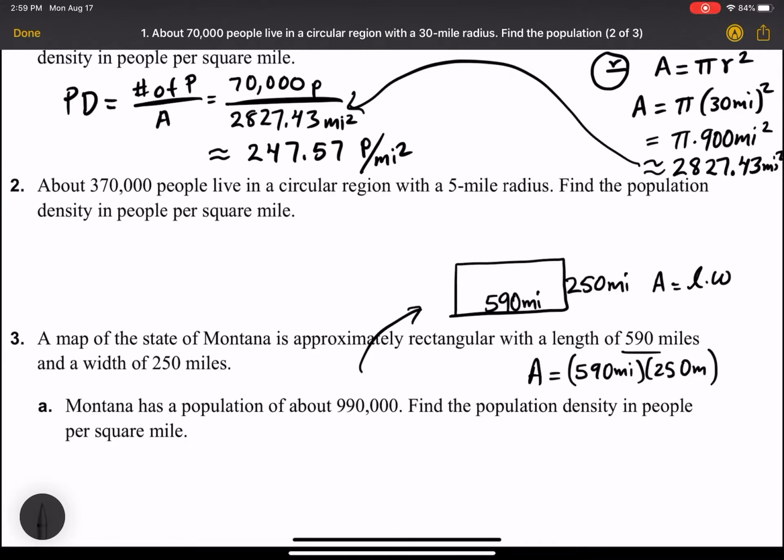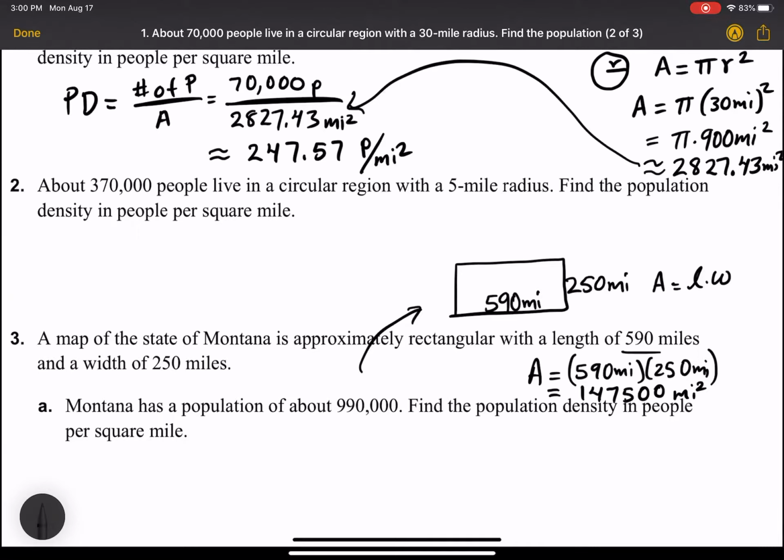And all we have to do then is write down 590 times 250. We're going to get approximately, or not exactly, 147,500 square miles.